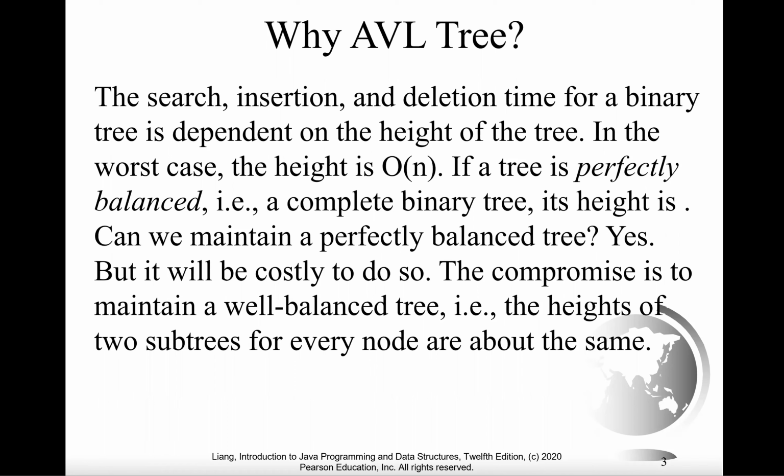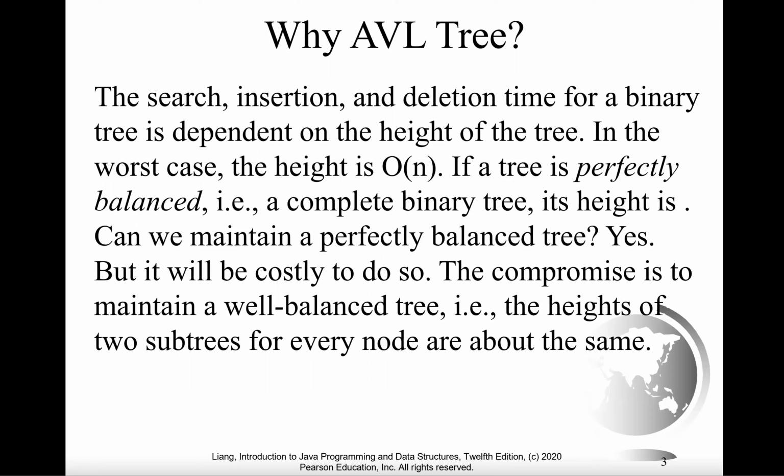The search, insertion, and deletion time for a binary search tree is dependent on the height of the tree. In the worst case, it can be order of n. If a tree is perfectly balanced, that is a complete binary tree, its height is order of log n.